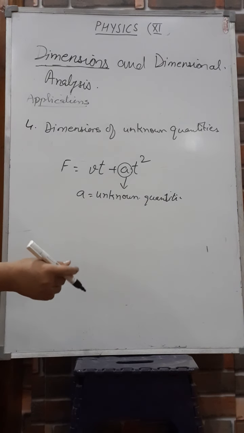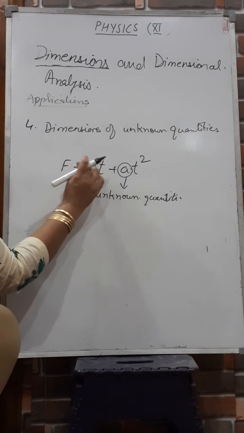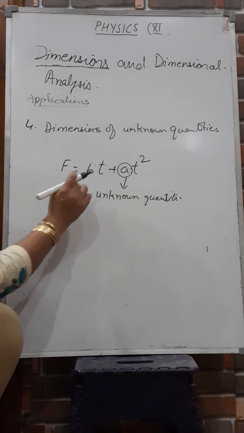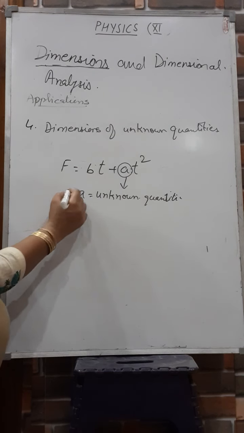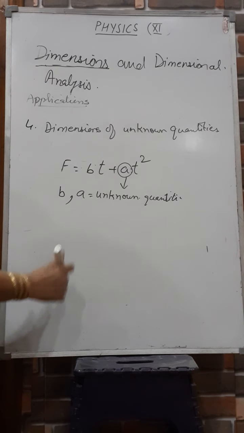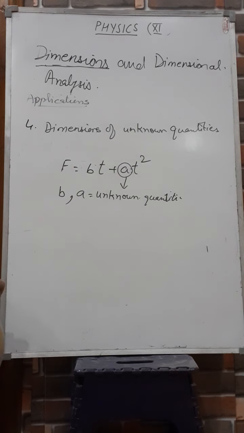Let's say force is equal to Bt plus At squared, where A and B both are unknown quantities. We have to find out the dimensions of A and B. Now, how to find?